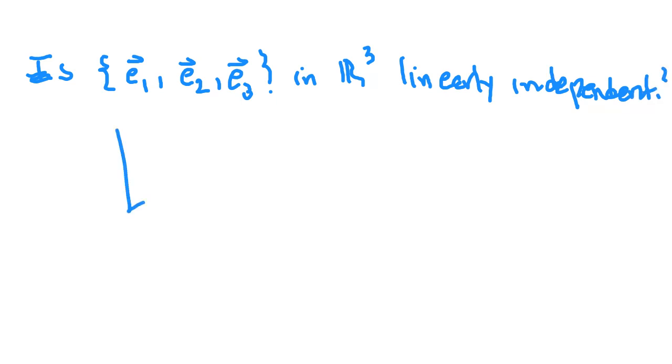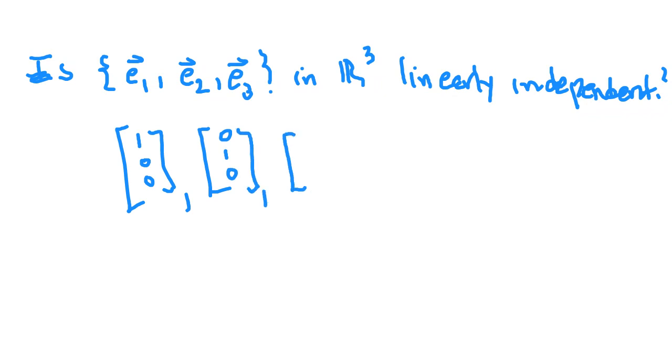So E1 is 1, 0, 0. E2 is 0, 1, 0. And E3 is 0, 0, 1. That's like i, j, and k. That set of vectors, okay, what do you think?